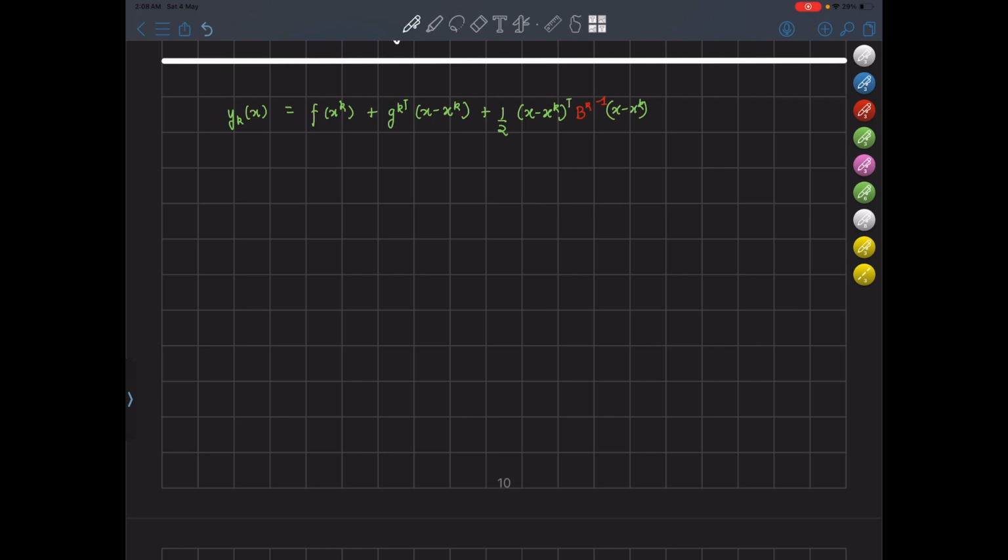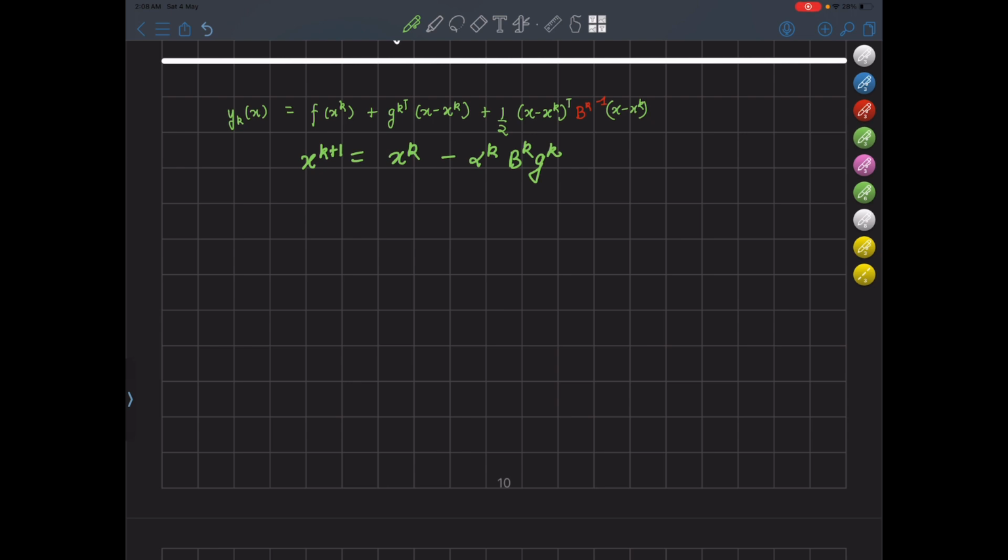This is around xk. So now this is the approximation. We calculate xk plus 1 through this formula: xk plus 1 equals xk minus alpha k Bk gk. All right, we get xk plus 1.